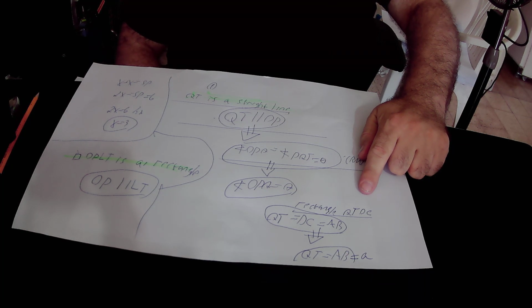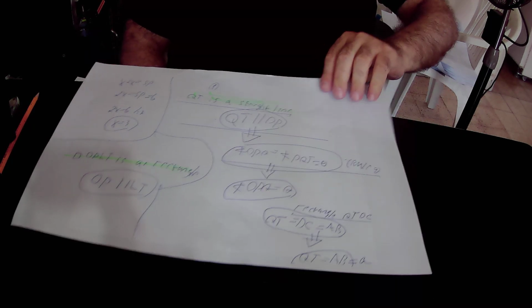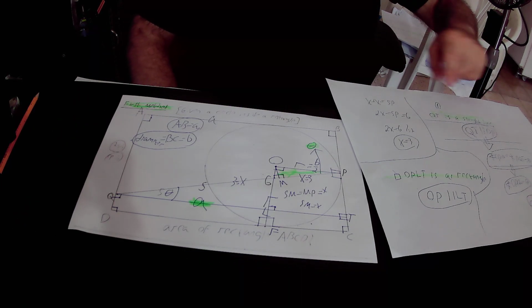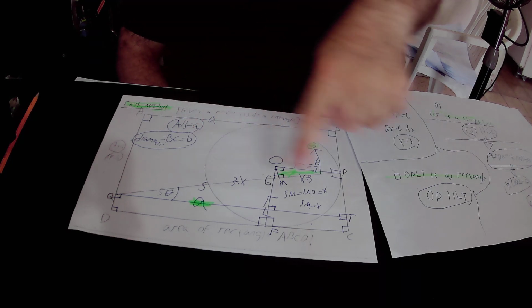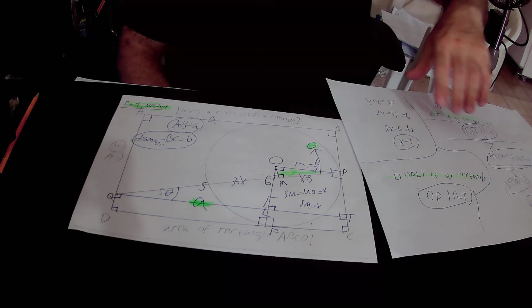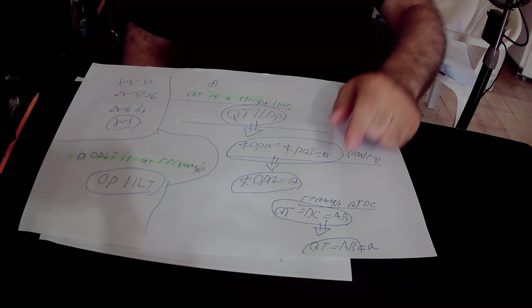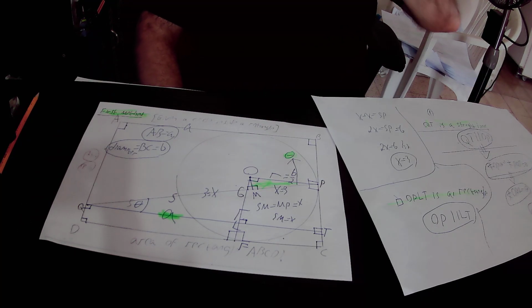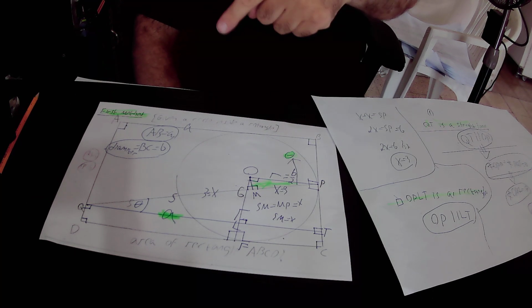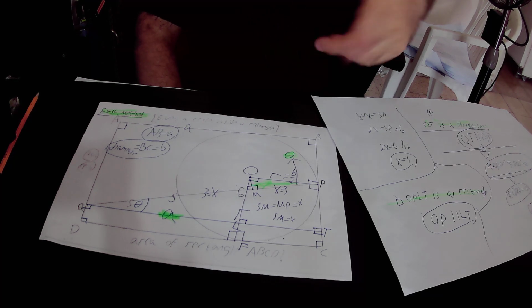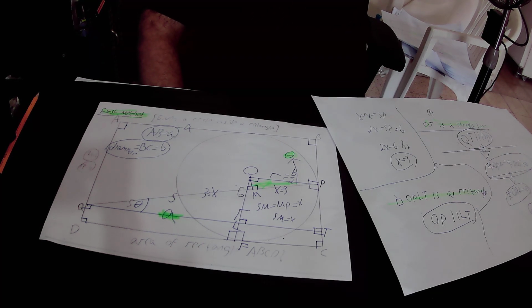In rectangle QTDC, the opposite sides are equal to each other. That is to say, DC is equal to QT. But here it is given that ABCD is a rectangle, and the opposite sides of rectangle ABCD are equal to each other.